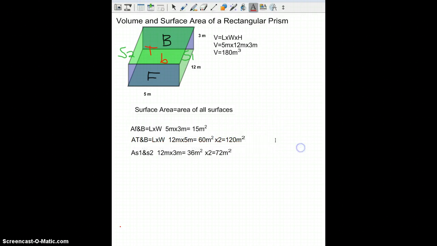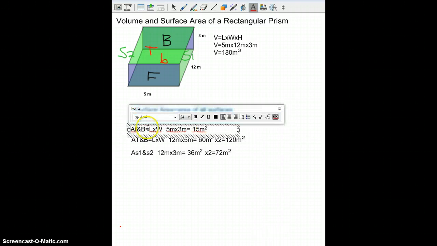There we go. And this last one again is 15 meters. And we can multiply that by 2. And that gives us a total of 15 times 2 is 30 meters squared.